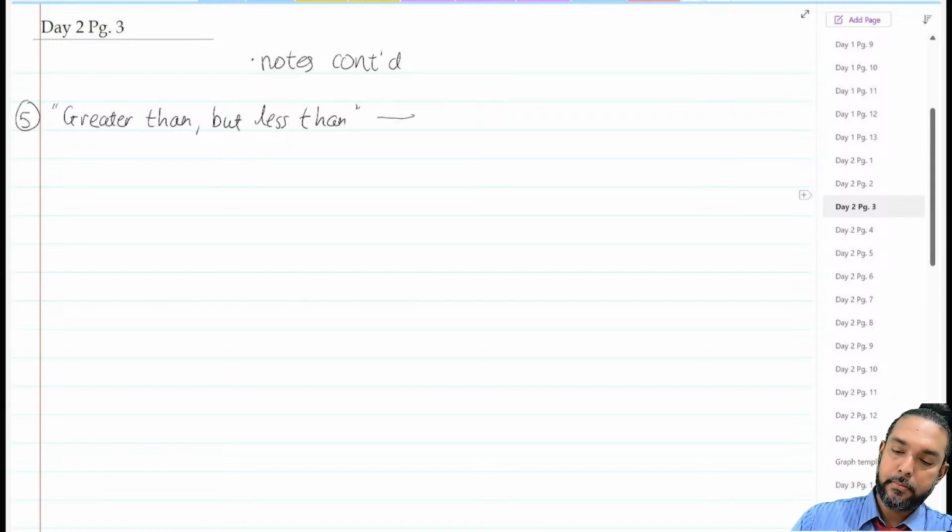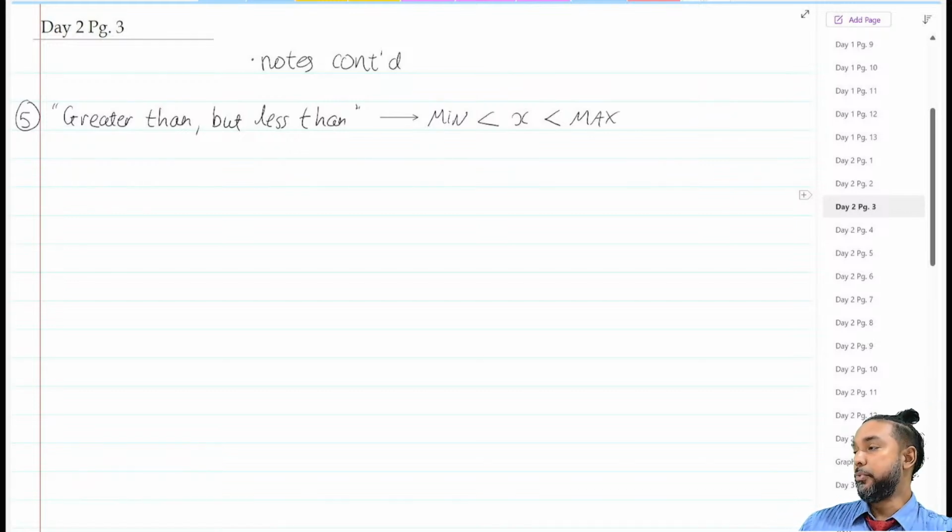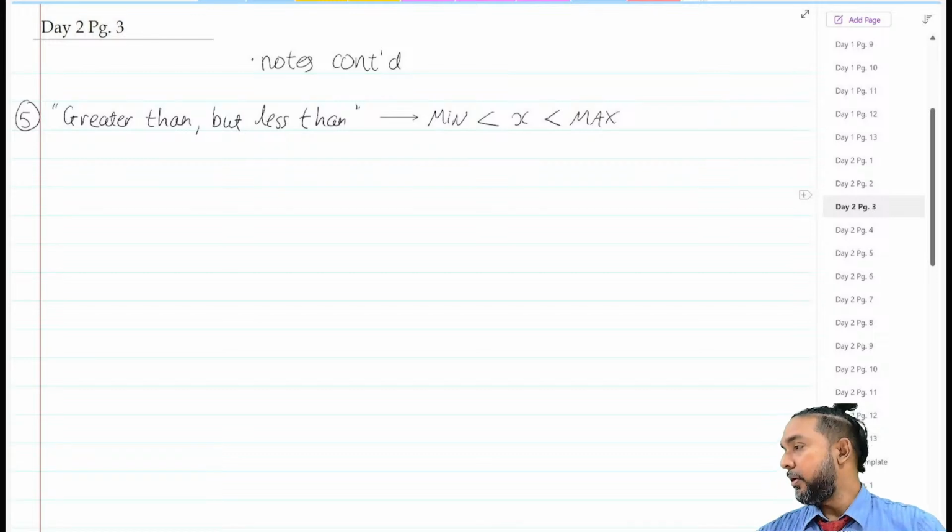What's happening here is we're going to have a minimum value and a maximum value, and what we want is going to be between, but exclusive of those values.